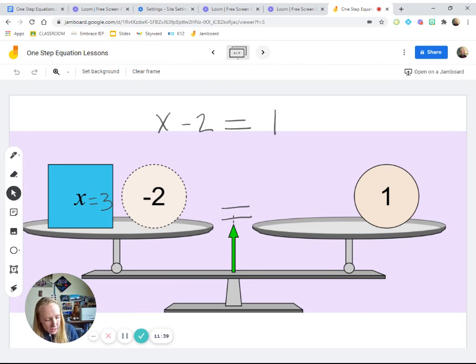Okay, so you would write that as x equals 3. And it makes sense, again, because if you put this 3 in for the x, it would be 3 minus 2 equals 1, which is true. 3 minus 2 does equal 1, so that is correct. x must be 3. All right, one more on this.